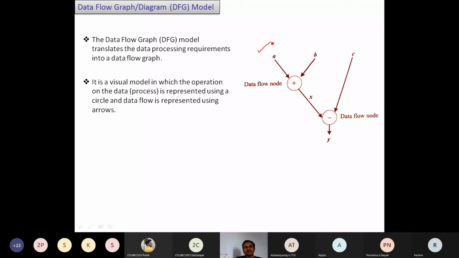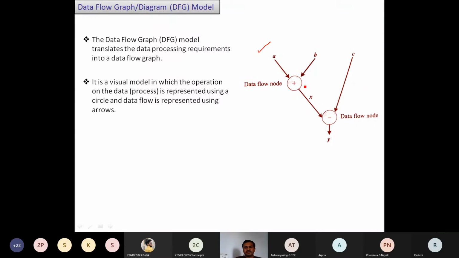It is a visual model in which the operation on the data is represented. We are going to call that a process. Operation on the data is nothing but a process. It is represented using a circle, and data flow is represented using an arrow mark. So the process is represented in the graph as a circle, and the operation is mentioned within the circle, which operation that circle is doing.